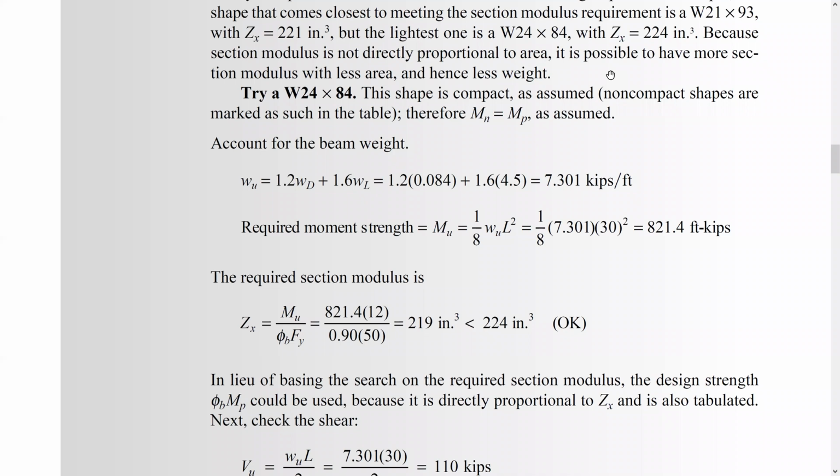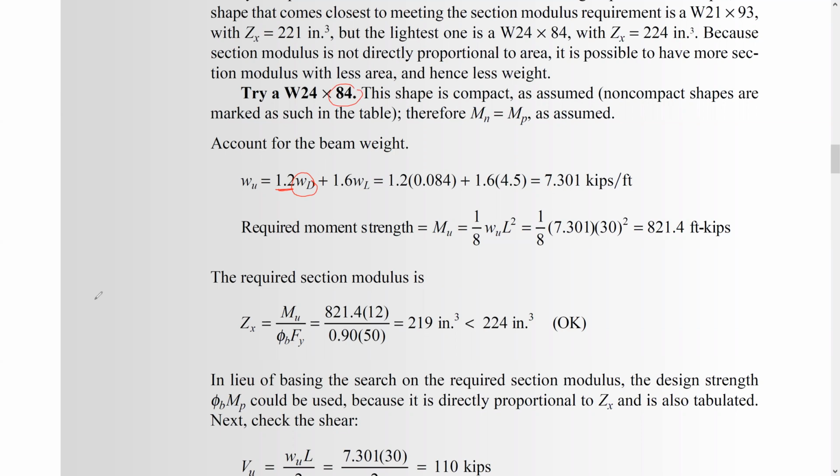Okay, guys, here we selected this shape, which is wide flange W24x84. And right now, since we know the cross section, the distributed load is different, okay? So for the LRFD method, it's going to be 1.2 times the dead load. And here the dead load is just the self weight of the beam.